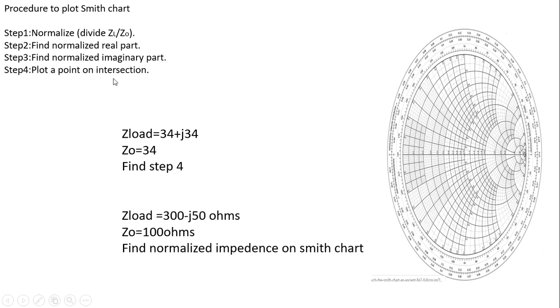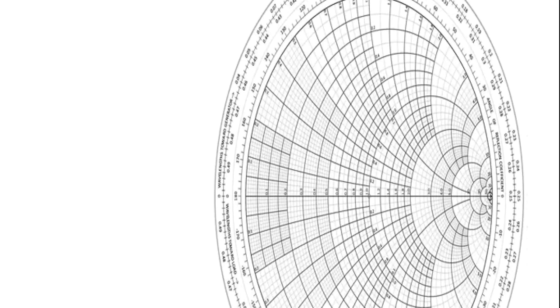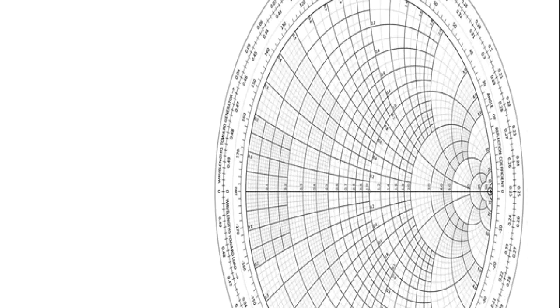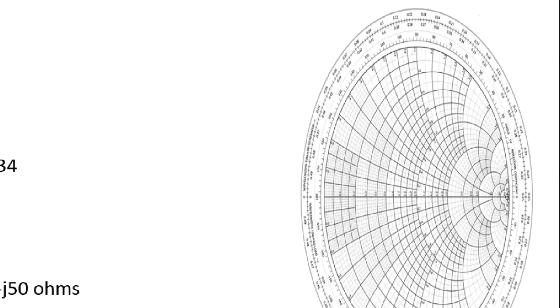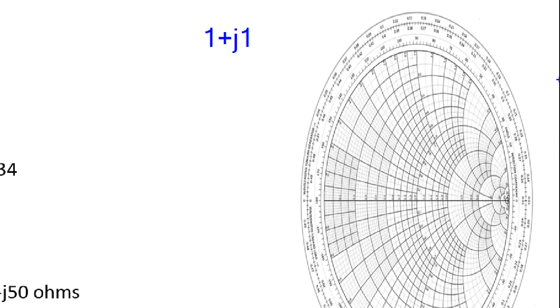Now we will come back to this graph, and for understanding we will plot it neatly. It is 1 plus j1. Here is the real part 1, so I will draw the circle for real part 1 and trace this line. Now we will see where 1 is for the imaginary part. Since it is positive, it lies on the upper half of the chart. This is 1.